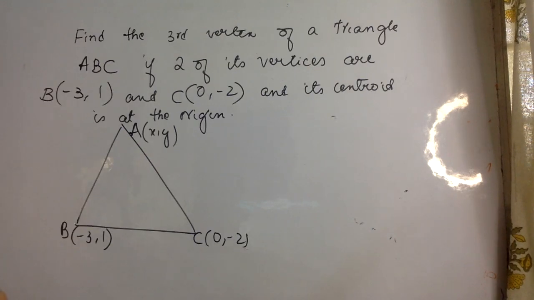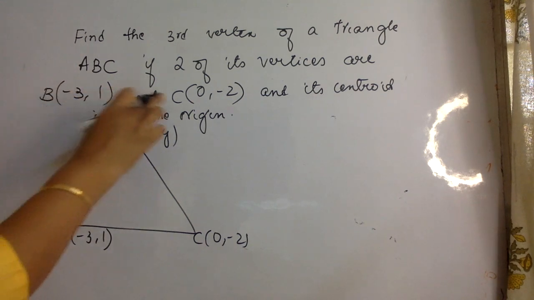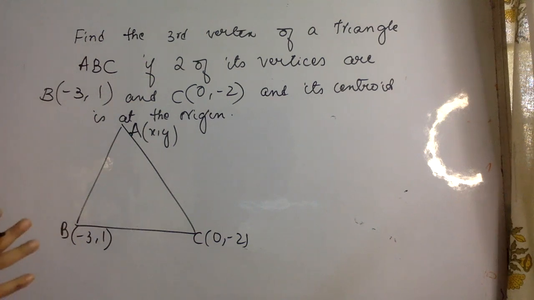So here we have to find the third vertex of a triangle ABC if two of the vertices are B and C as given and its centroid is at the origin.